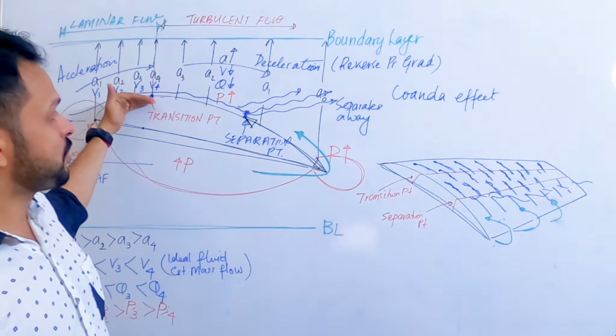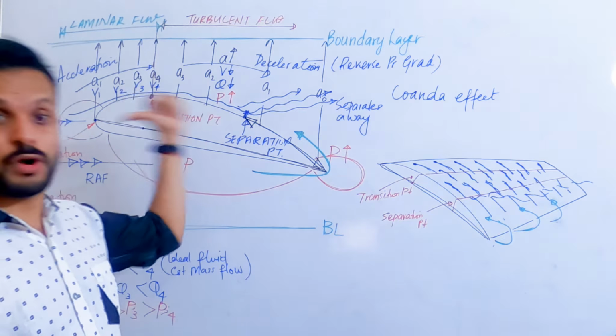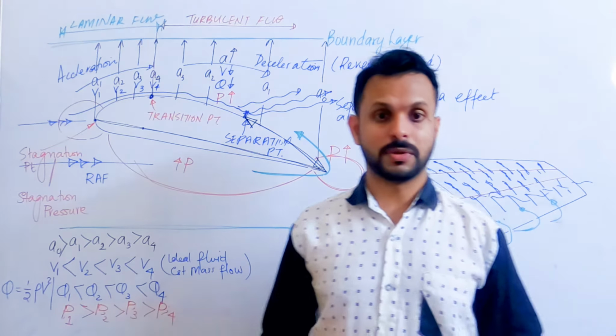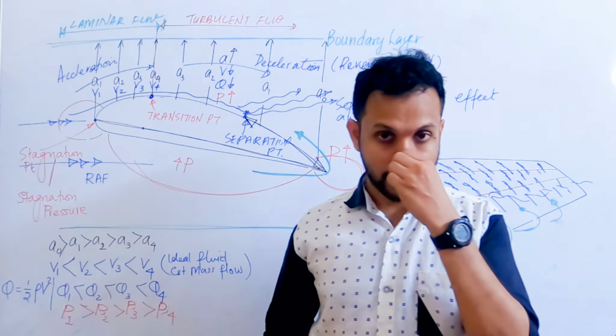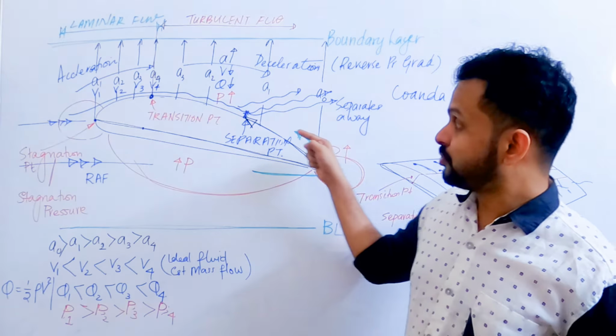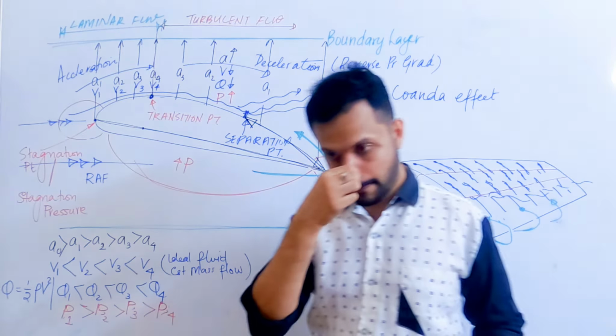Any kind of maneuver or design that is moving the transition point or separation point towards the forward edge, the leading edge, is not advisable. So can you tell me a maneuver which can actually shift these points towards the leading edge? Yeah, pitch up, that's correct.